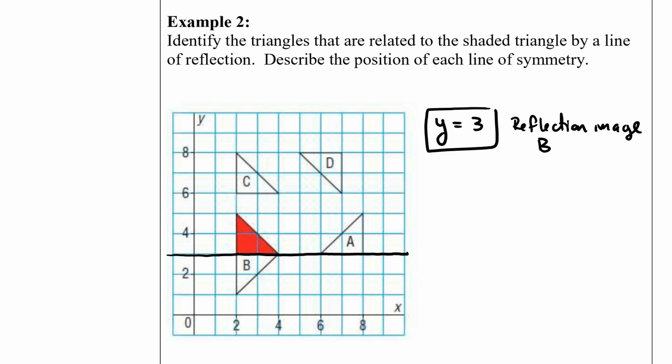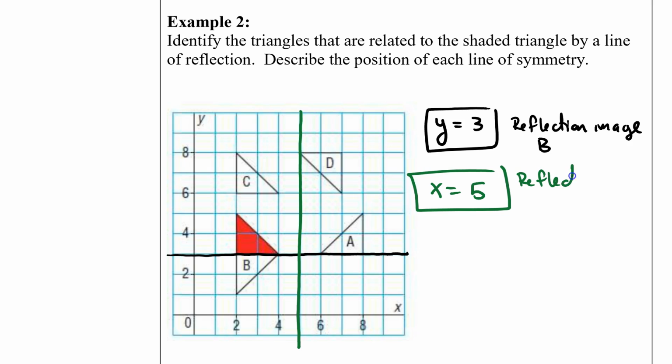Now I have this one right here. This is another kind of easier one for me to see. When I would say x equals 5, that produces the reflection image of A. Now there's one more.